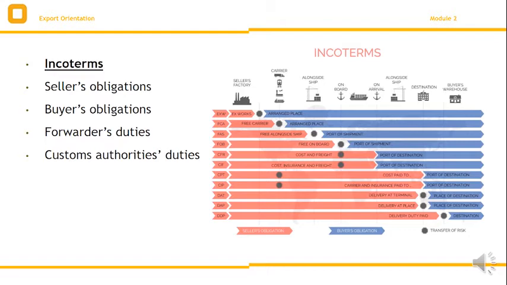So the packaging must protect the goods while it is being transported. The seller must also make sure that they provide a commercial invoice and a packing list to the buyer, as well as any certificates of origin that will be required by the importer in their country so they are able to collect or receive the goods that are being imported.